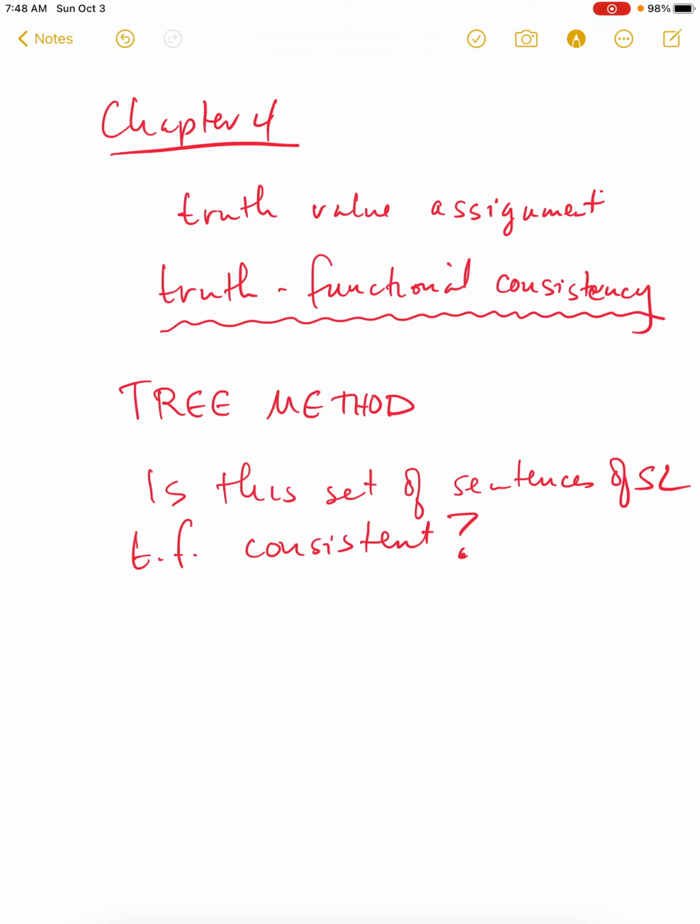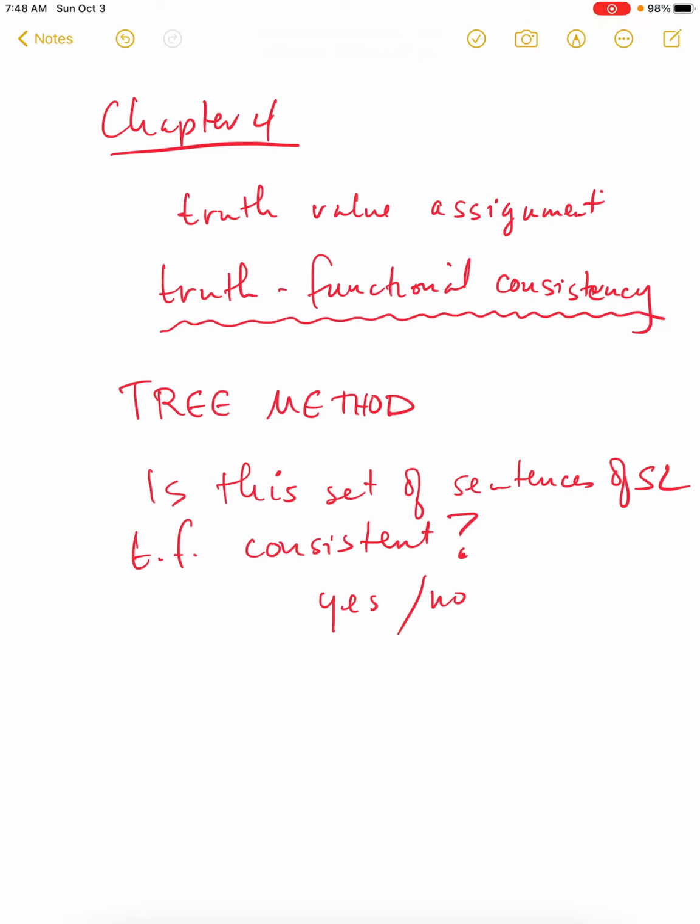So given any set of sentences of SL, we apply the tree method to it, and it will tell us yes or no when we ask, is this set of sentences truth functionally consistent? Moreover, these trees are going to give us a way of finding truth value assignments that make a set of sentences true, if there is a truth value assignment that indeed makes the set of sentences true.